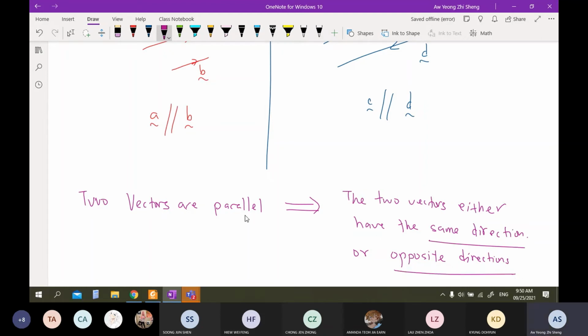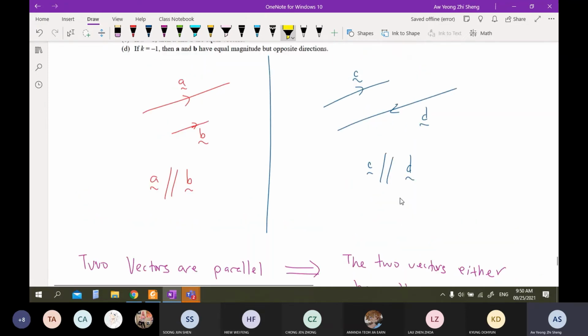So parallel vectors doesn't mean same direction. If you are only told that vectors are parallel, then they can have same direction or opposite direction. I repeat, parallel doesn't necessarily mean same direction. You will need more information in order to verify whether they are the same direction or opposite direction. Be aware that there are two possibilities regarding direction of parallel vectors. Either same or opposite.